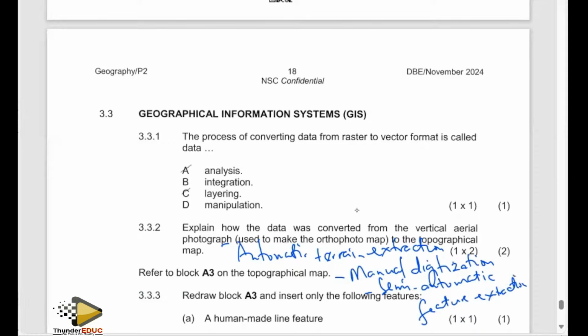Right. Basically, those are the methods that we can use to convert the data from one data set to another, from a raster format, which is part of the orthophoto map and aerial view, to a topographic map, which is a vector data format. Right.